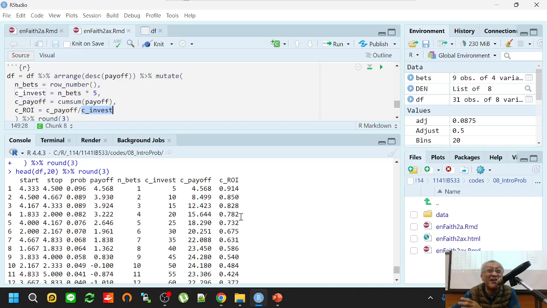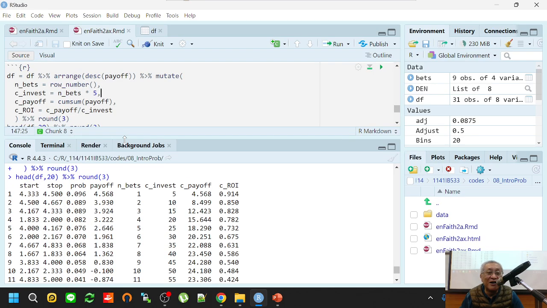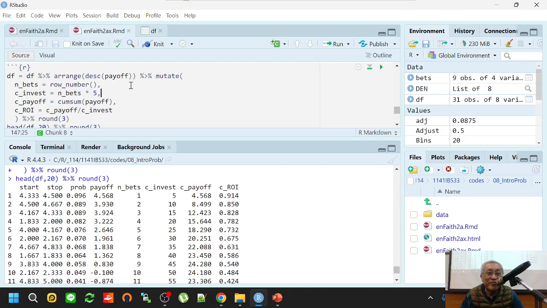So ROI is also an important consideration. In this case, I calculate the cumulative investment, cumulative payoff, and cumulative ROI.